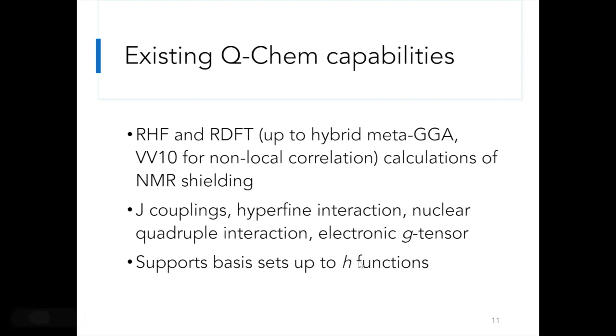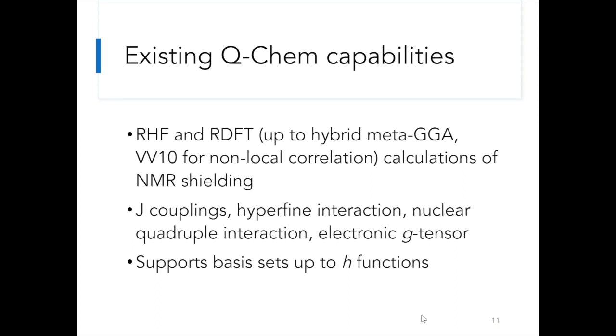And we have support up to H functions. What we don't have are the methods in the MP class of methods, and CCSD, which is the coupled cluster class of methods. So the motivation for doing this implementation was to get those methods up and running for this class of properties and more.